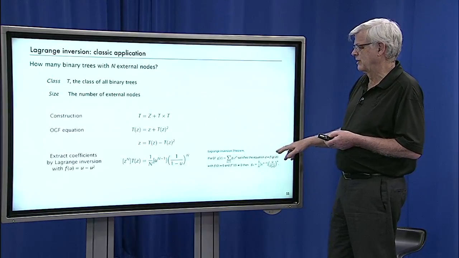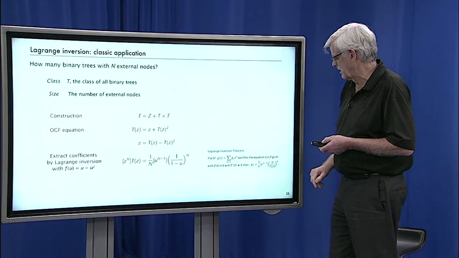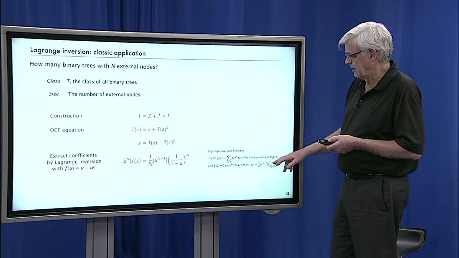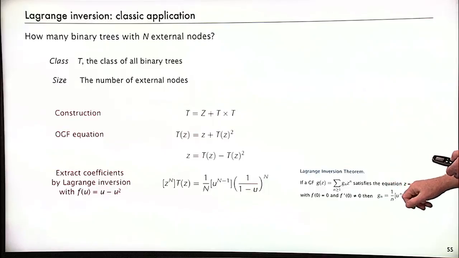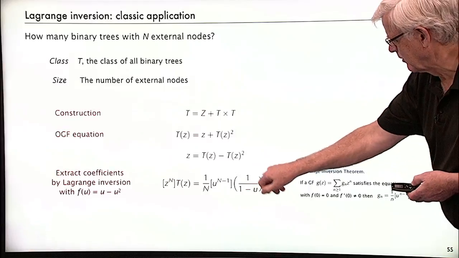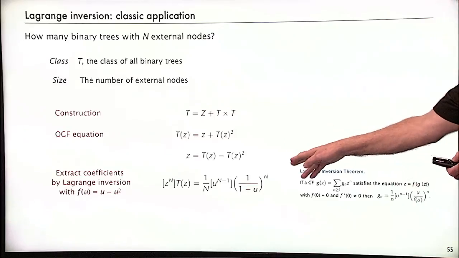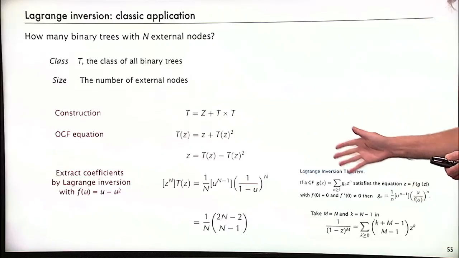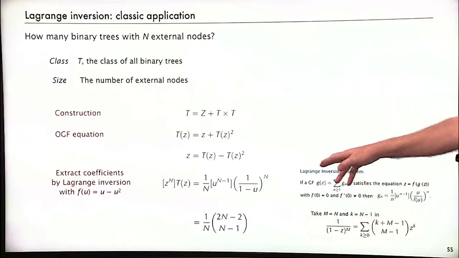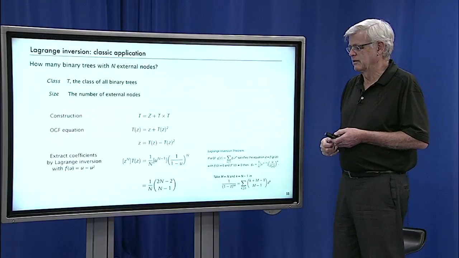We want to find the coefficient of z to the n in t of z, and f is u minus u squared. So u over f of u is 1 over 1 minus u. So the coefficient of z to the n in t of z is, according to the theorem, 1 over n, coefficient of u to the n minus 1 in (1 over 1 minus u) to the n. That is easily shown to be the Catalan numbers. So that's an example of the application of Lagrange inversion.